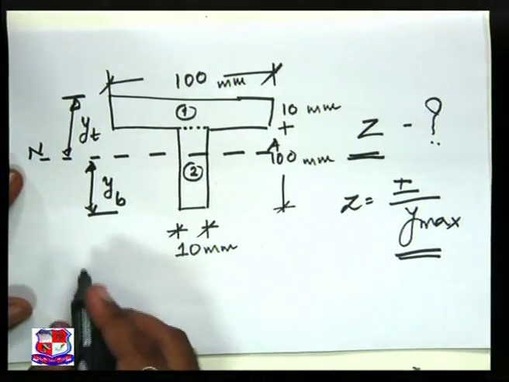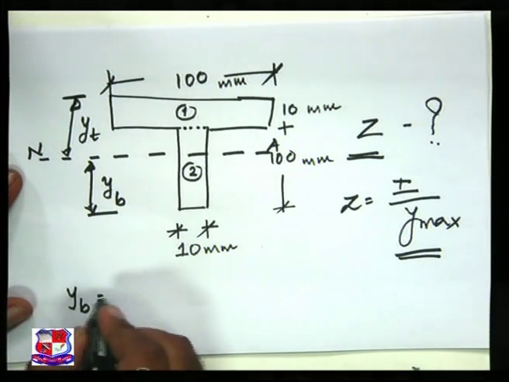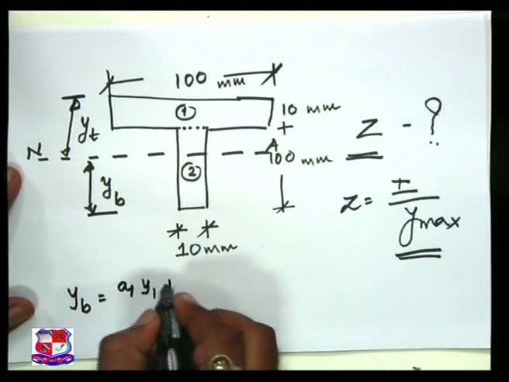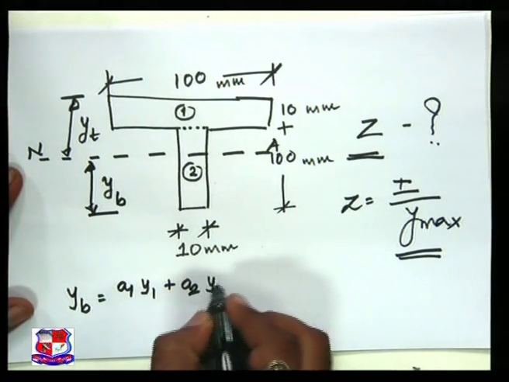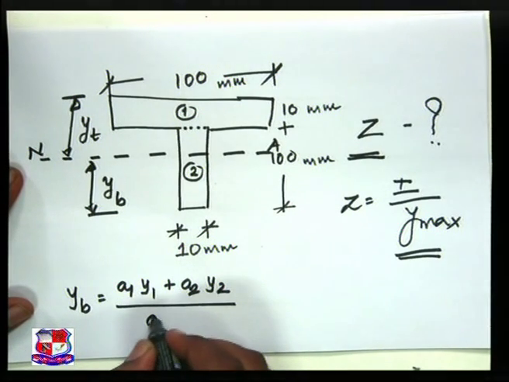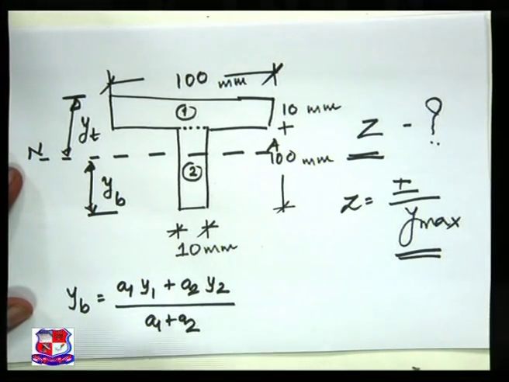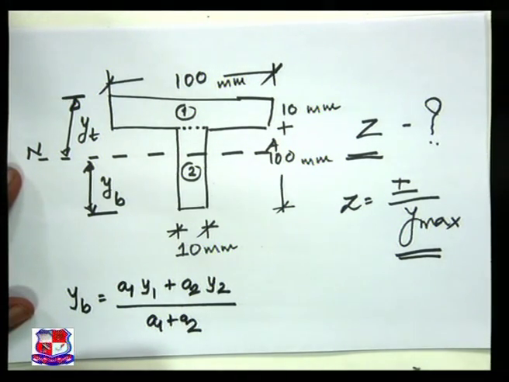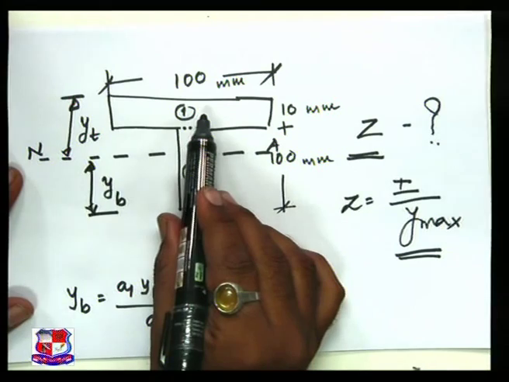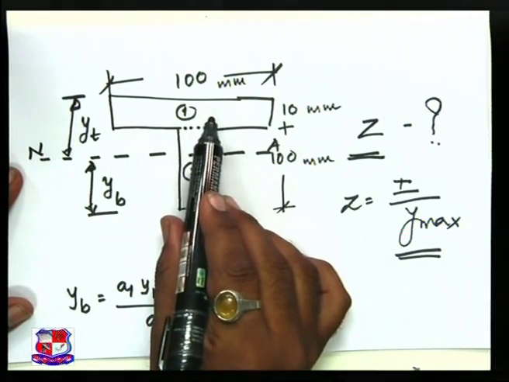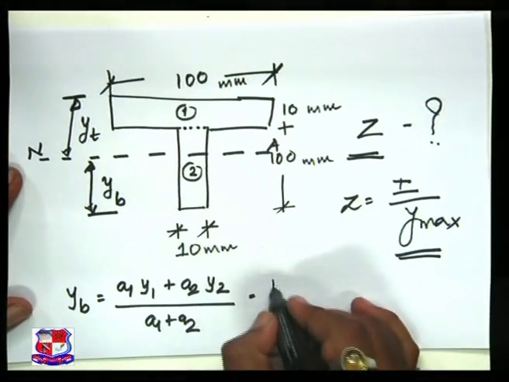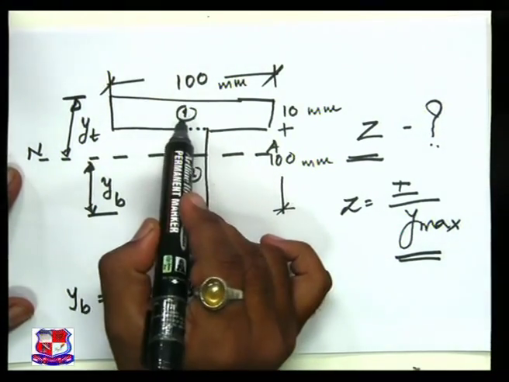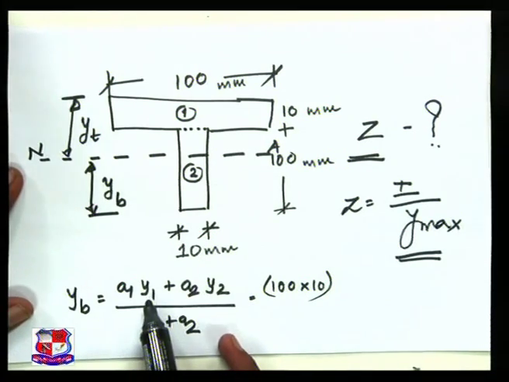So now using our basic concept, yb is equal to a1 y1 plus a2 y2 divided by a1 plus a2. Now the question here is, what is a1? a1 is the area of the first part. What is the area of the first part? That is 100 into 10, multiplied by y1.